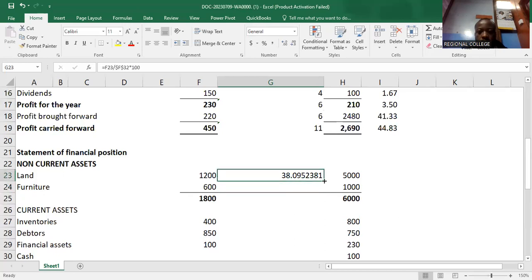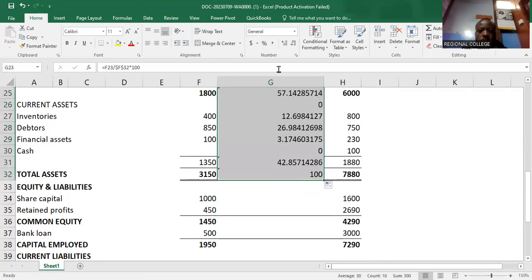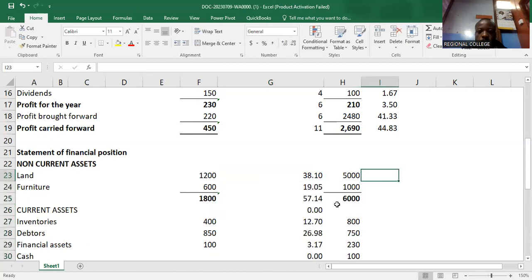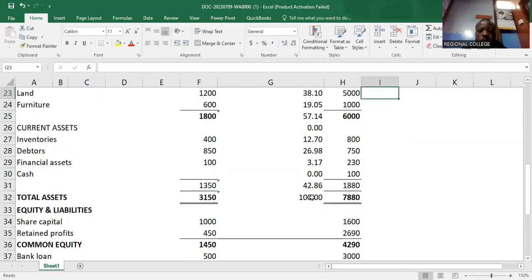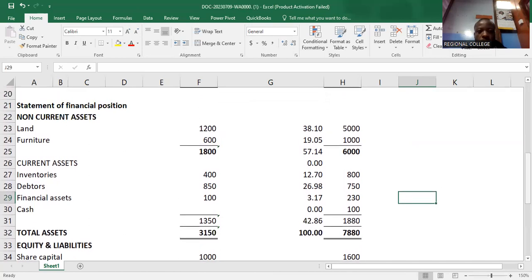Then I drag this to where the total assets are. Then you can reduce it to 2 decimal places so that it looks neat. If you check, total assets is coming 100%. So those are the percentages of the balance sheet. That means our land is taking 38% of the total assets. Furniture is taking 19%. So that is your analysis.